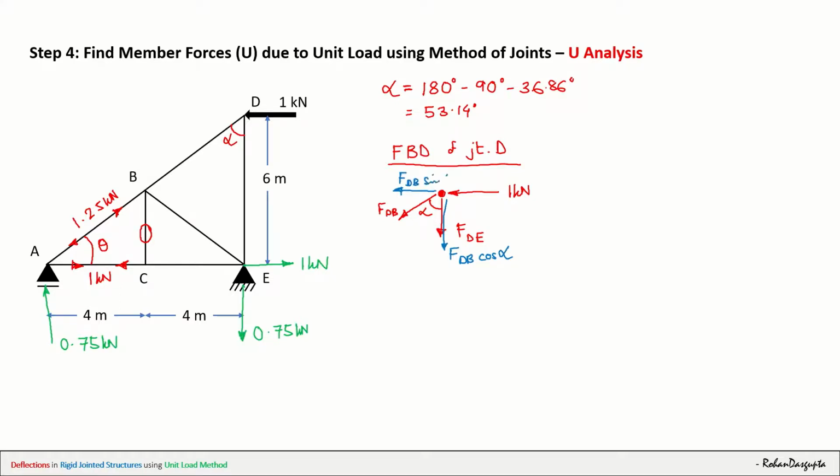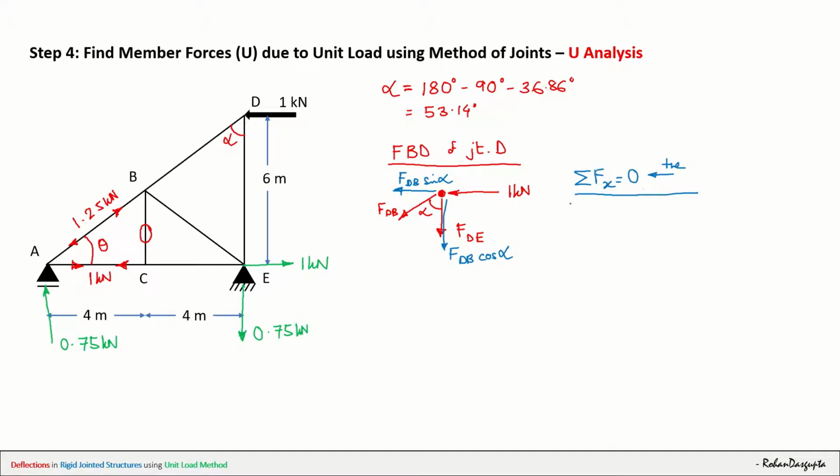All right. Now your attention should be completely on the FBD of joint D. So let us start with summation of Fx equals 0, and let us take the left hand side as positive. So what do we have here?